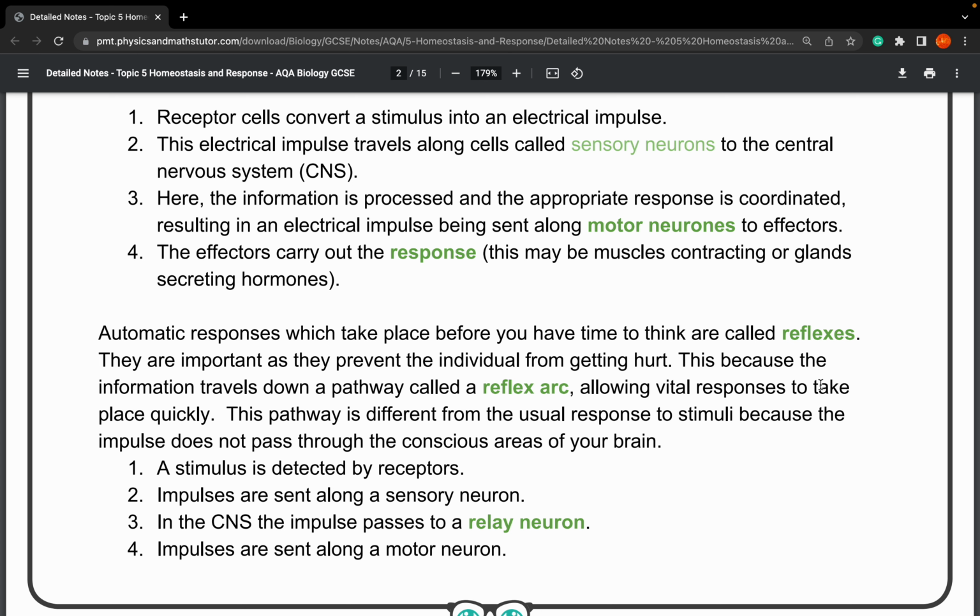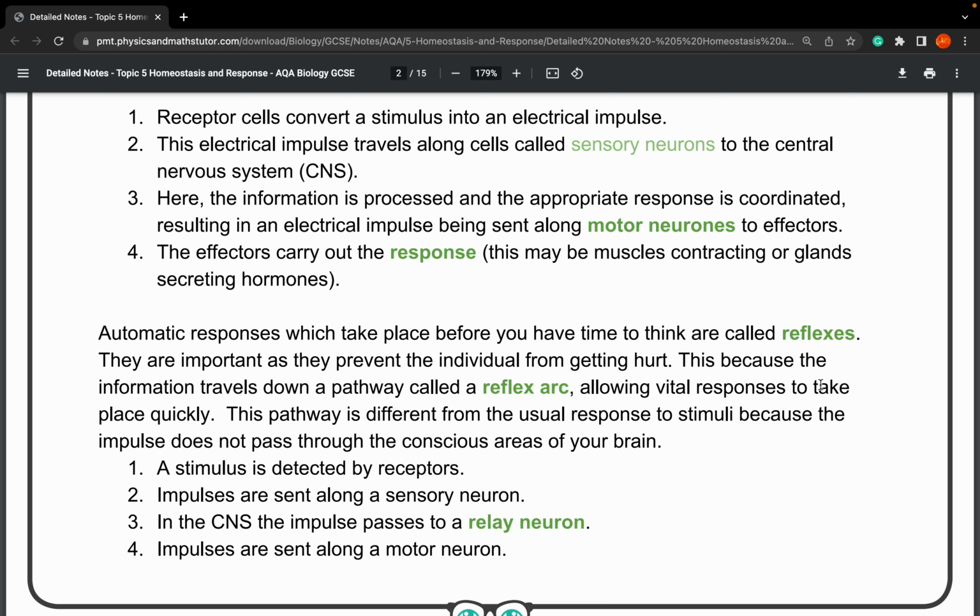And if it is dark outside, our eyes are the receptor cells, specifically the retina, which converts the darkness outside into an electric impulse. This electrical impulse travels along cells called sensory neurons to the central nervous system. For the eyes, the sensory neuron is the optic nerve, which takes the impulses from the eyes into the brain.